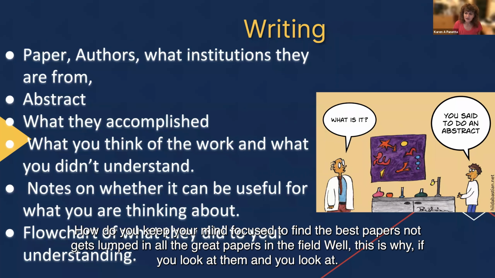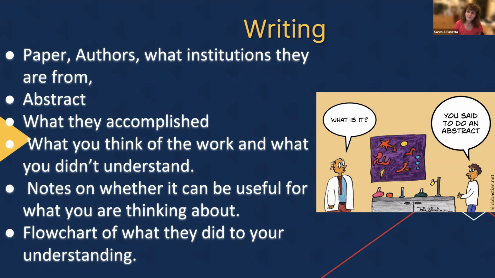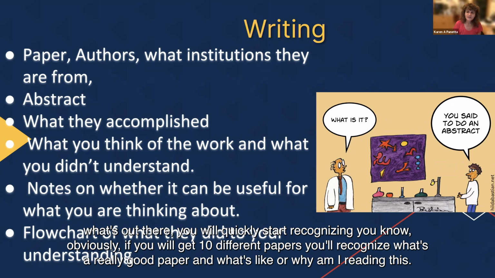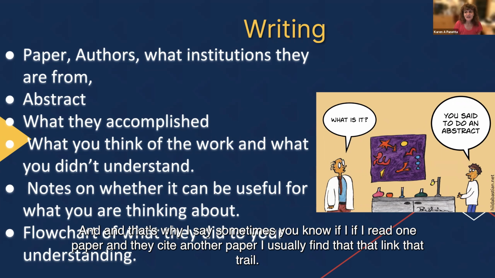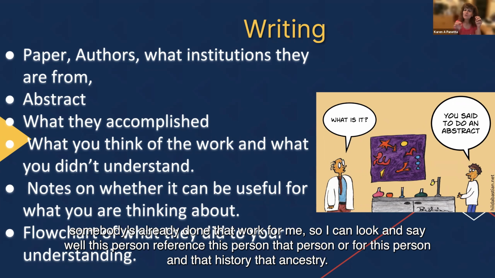How do you keep your mind focused to find the best papers and not get swamped in all the great papers in the field? If you look at what's out there, you will quickly start recognizing, honestly, if you look at 10 different papers, what's a really good paper and what makes you think, why am I reading this? Sometimes if I read one paper and they cite another paper, I usually find that link, that trail, somebody's already done that work for me.